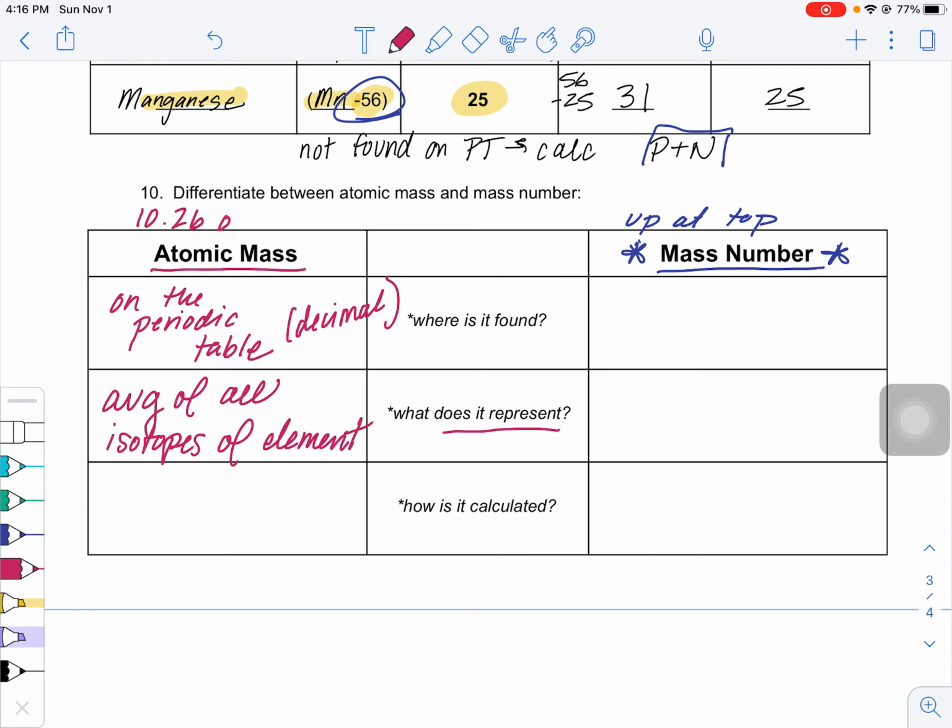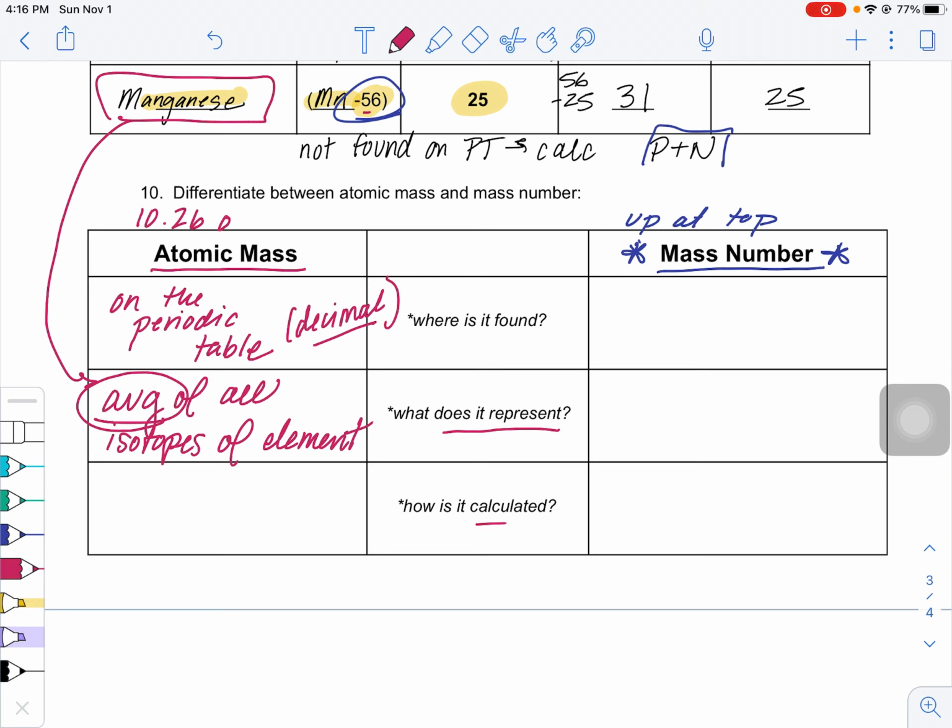So if we're just thinking about this most recent one here that we looked at, manganese, maybe there's 15 different versions of manganese, lots of different isotopes. If we add all their masses up, divide by 15, we're going to get this crazy decimal that is not a very nice and neat number. So it represents the average of all isotopes.